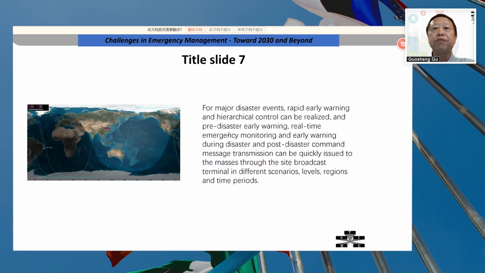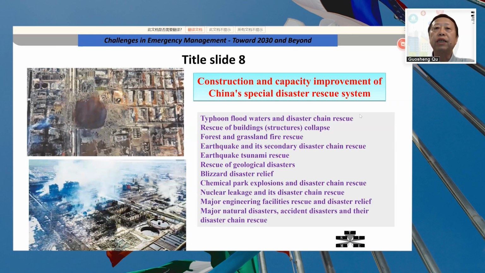For major disaster events, rapid early warning and hierarchical control can be realized, and pre-disaster early warning, real-time emergency monitoring and early warning during the disaster, and post-disaster common message transmission can be quickly issued through the site broadcast terminals in different scenarios, levels, regions, and time periods.